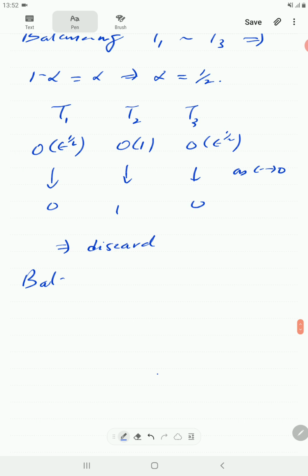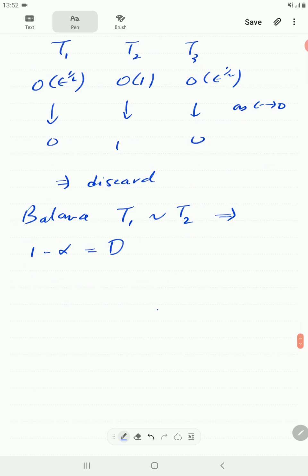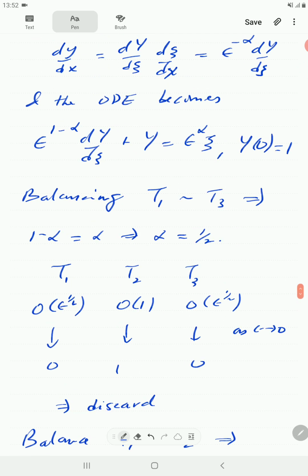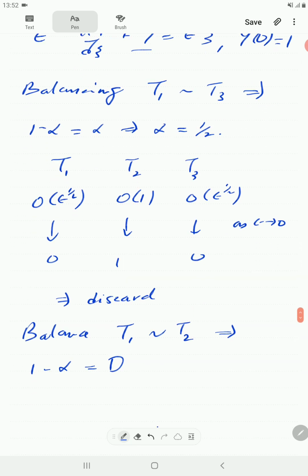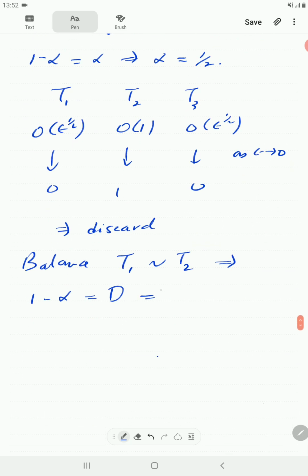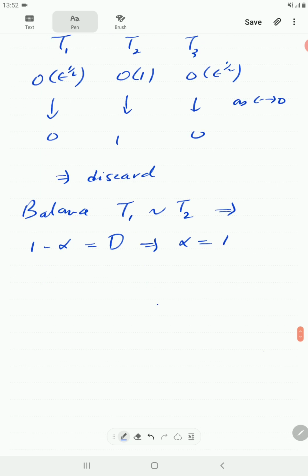Then next we balance term 1 and term 2. So in that case, 1 minus alpha must be equal to 0, because the power of epsilon in term 2 is 0. So that tells us that alpha must be equal to 1.